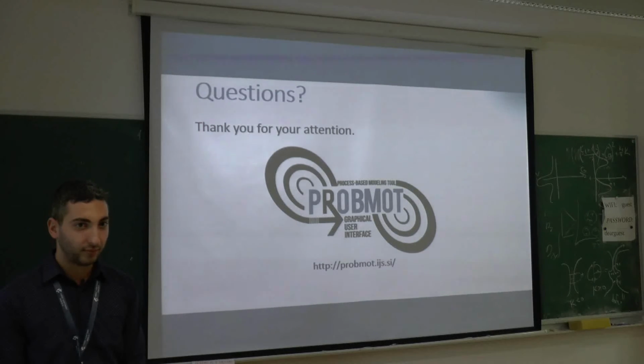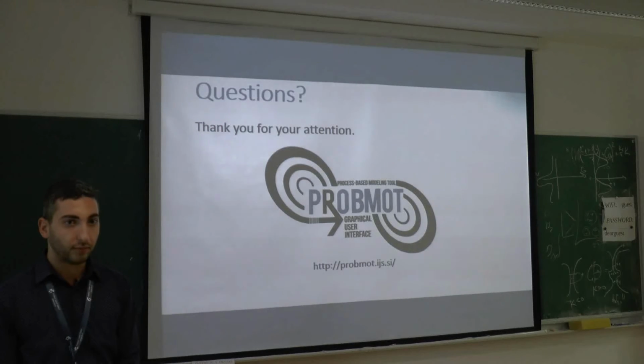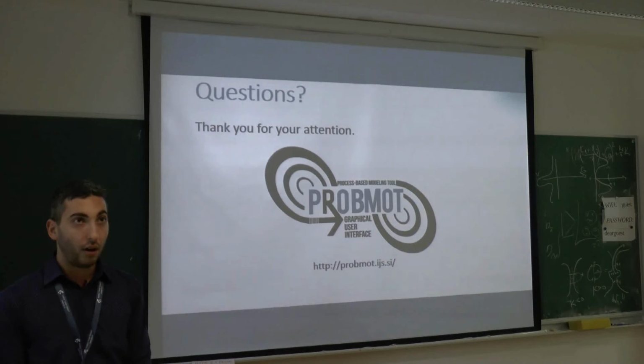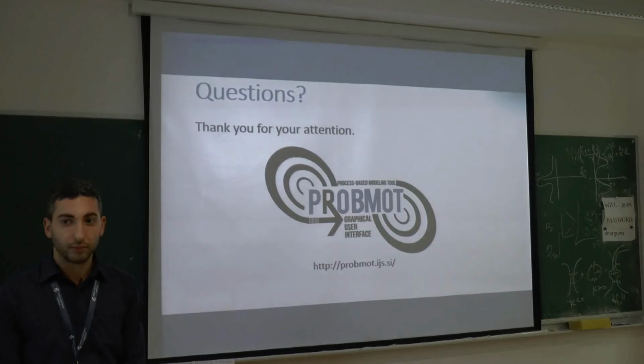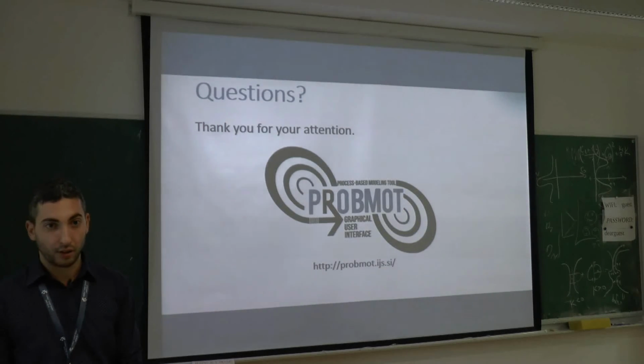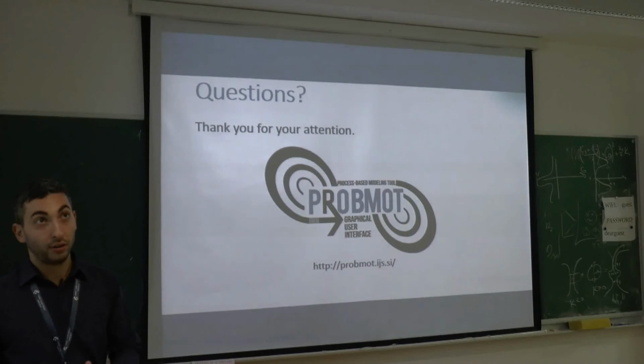I was wondering how much domain or expert knowledge was in these two cases. Could you just repeat the question for the recording, please? How much domain or expert knowledge was in the two case studies. There weren't big libraries.